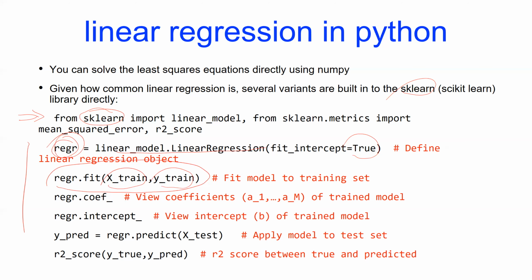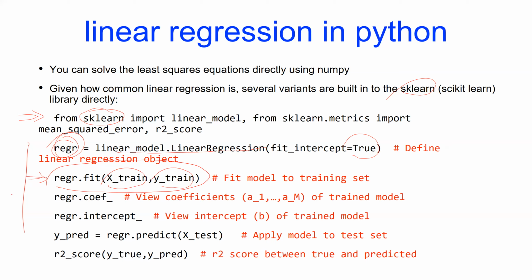Now you give the regression model the data you have, and say, go ahead and fit this data. This is the actual training stage. After this stage, the model has already found those A and B weights.